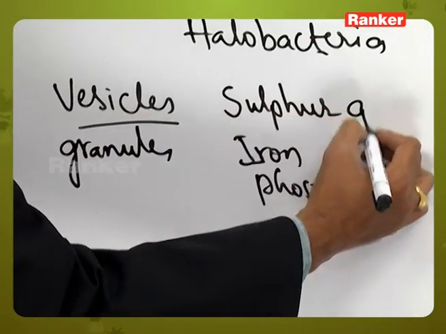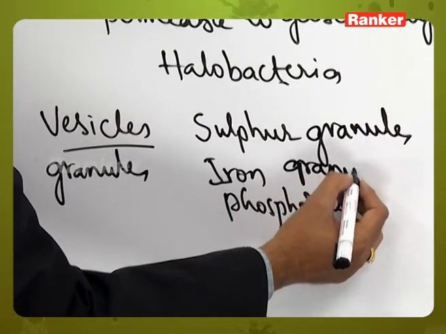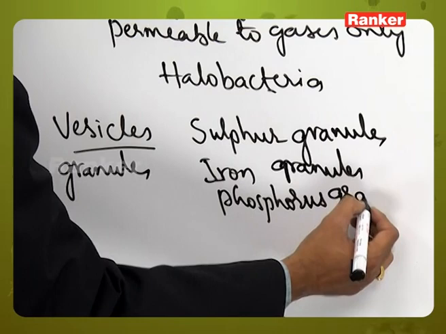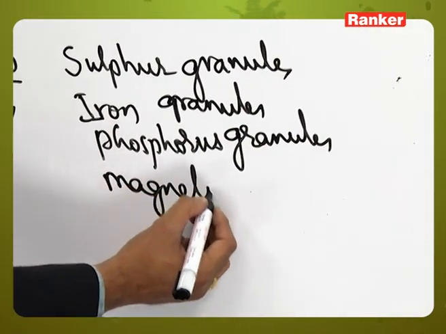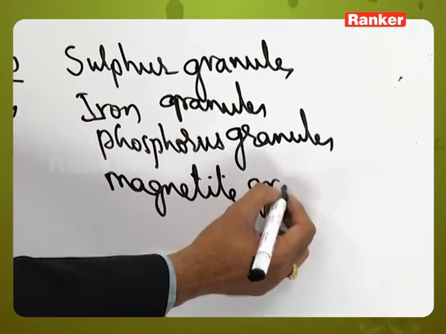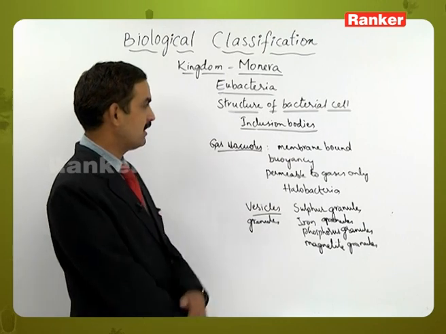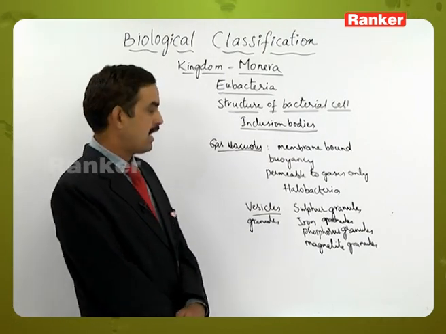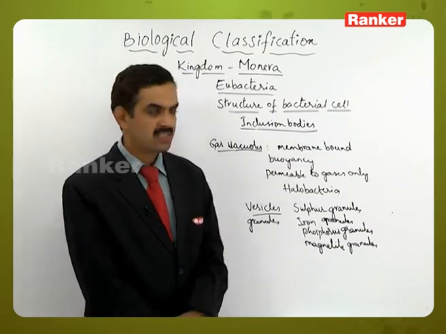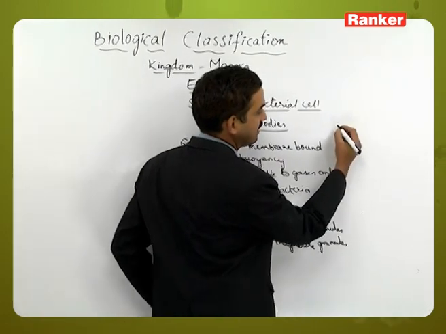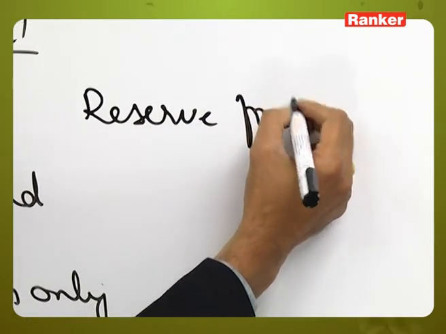These are called sulfur granules, iron granules, phosphorus granules. Some will have magnetite granules also. So these granular structures are considered to be inclusion bodies, and when food material has been acquired by the bacteria, it will store it in the form of reserve food materials.